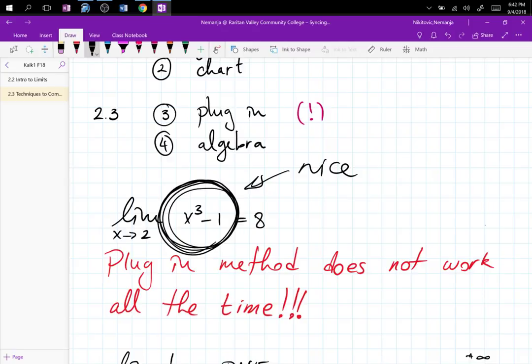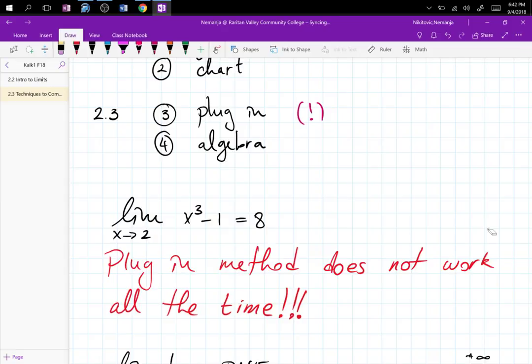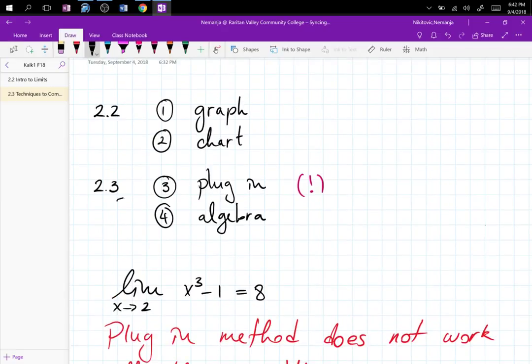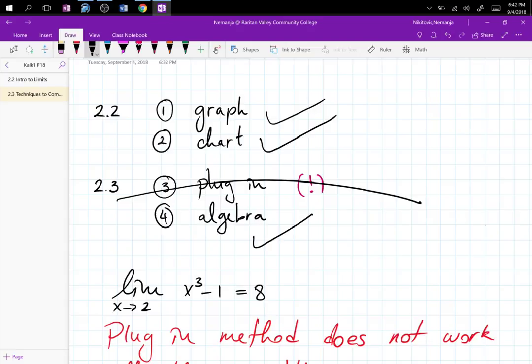If the function is nice, your answer is 7, everyone is happy, right? You're done. But as soon as you smell a 0 in the denominator, the method of plug-in fails, and you have to resort to algebra or one of these guys.